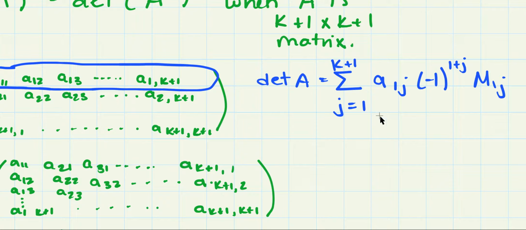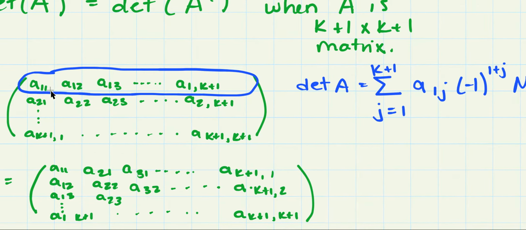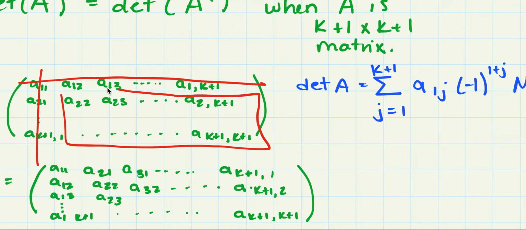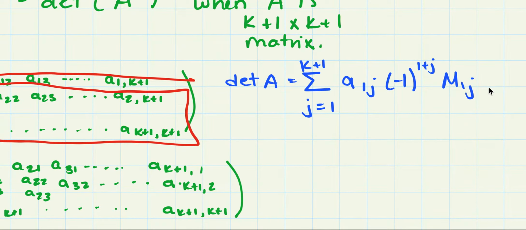Now let's review what this means. This is a sum. There's going to be k plus 1 terms in the sum. We've talked about this before. We start with A11, we take negative 1 to the 1 plus 1, and then we mark out this row and this column, and this matrix is the minor matrix, and that's called M11.